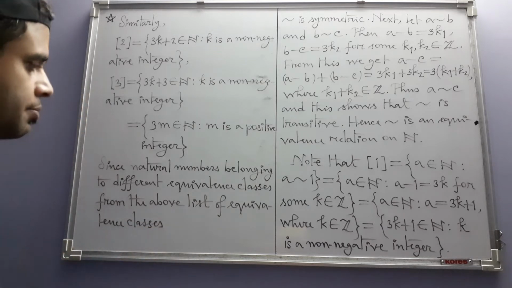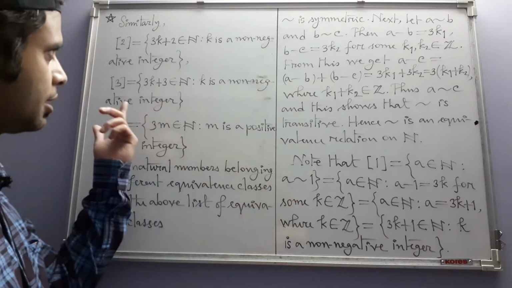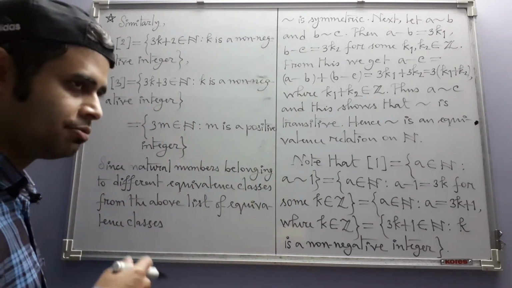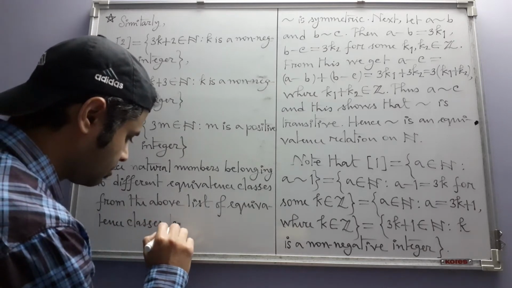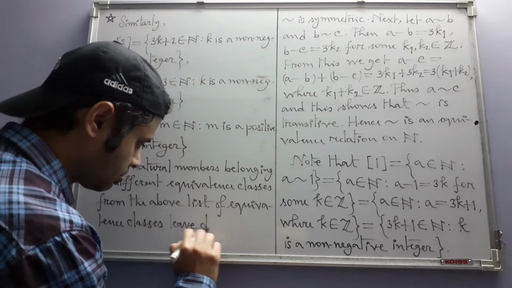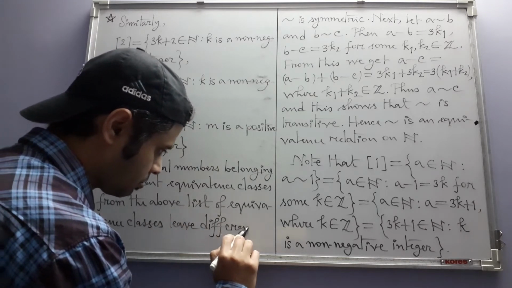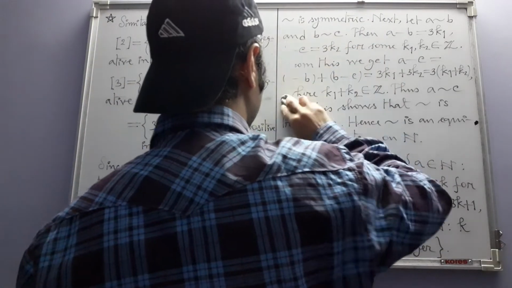That means from the equivalence classes class 1, class 2 and class 3, natural numbers belonging to different equivalence classes from among these classes leave different remainders when divided by 3.